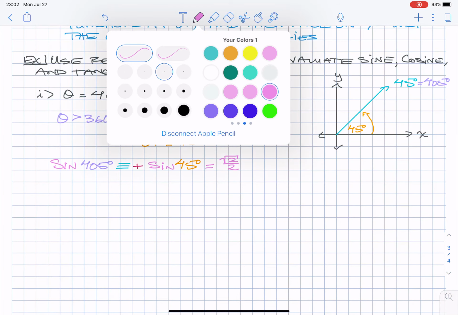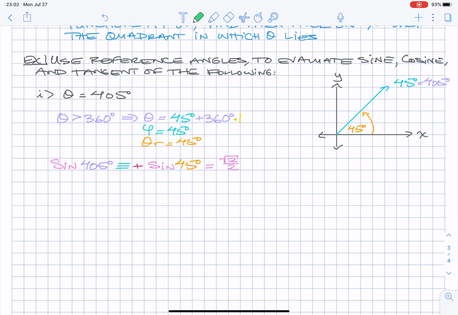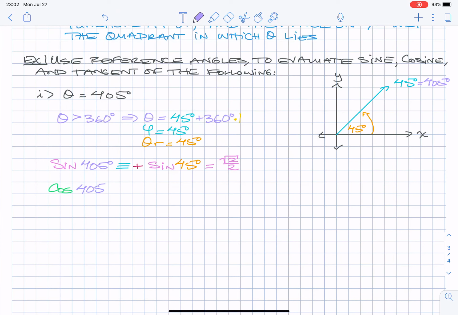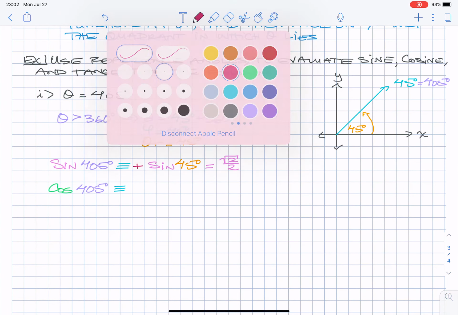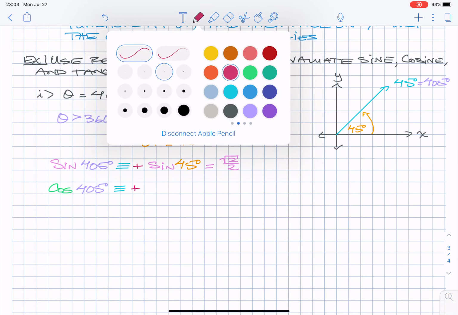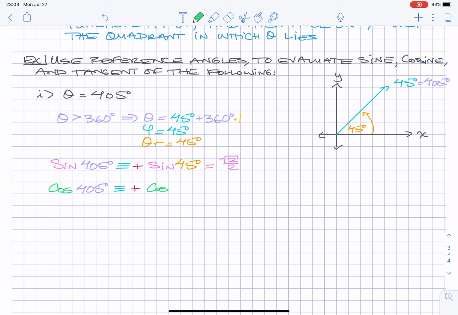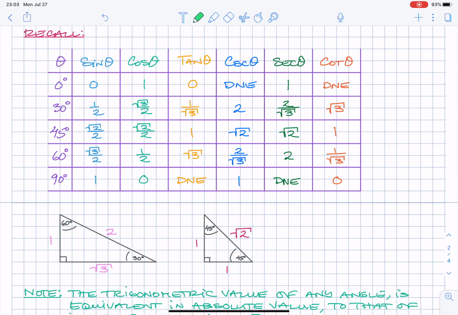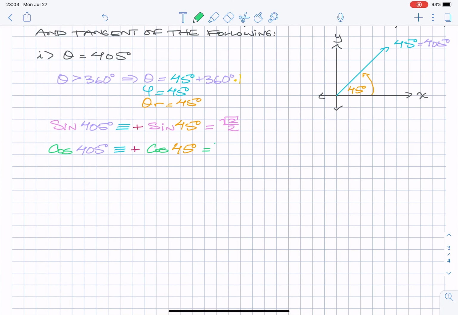Okay, I claim that cosine, what color should I use for cosine? Maybe green. So cosine of 405 degrees is equivalent to, cosine in quadrant 1 is positive, positive cosine of the reference angle, 45 degrees. Okay, so cosine of 45 is root 2 over 2.